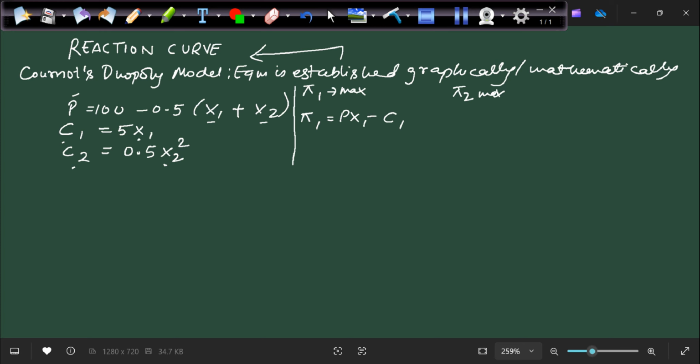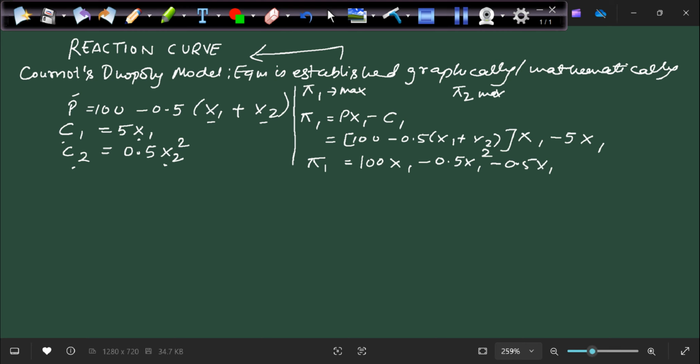For firm 1, it is total revenue minus total cost, which is 100 minus 0.5 (x1 plus x2) into x1 minus 5x1. That is the profit of firm 1, which can also be written as 100 x1 minus 0.5 x1 square minus 0.5 x1 into x2 minus 5x1.